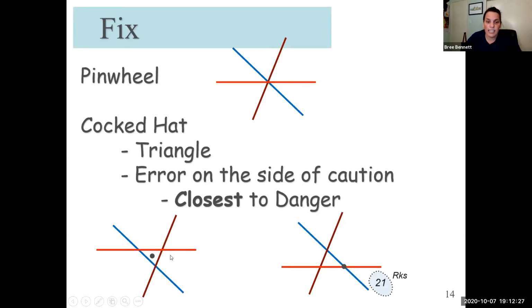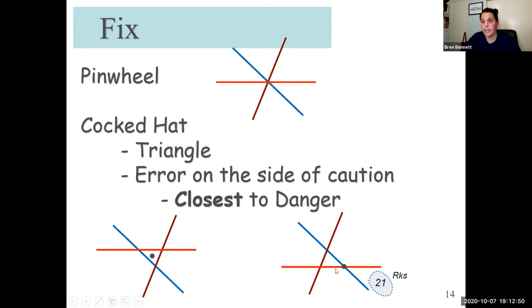So you as a navigator can decide where you are. Now, if there's some sort of danger or something along the way, you always want to err on the side of caution and say, out of all of these possible positions, I am close to that danger.